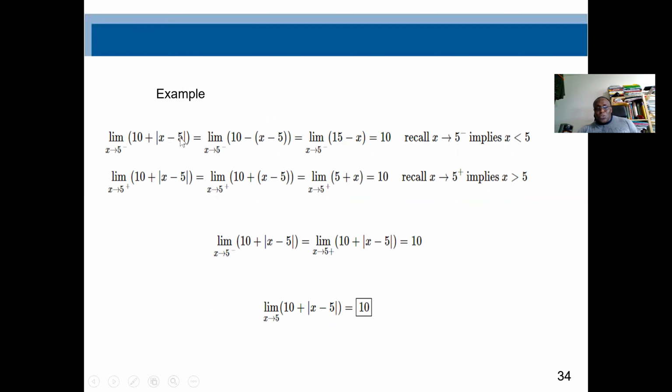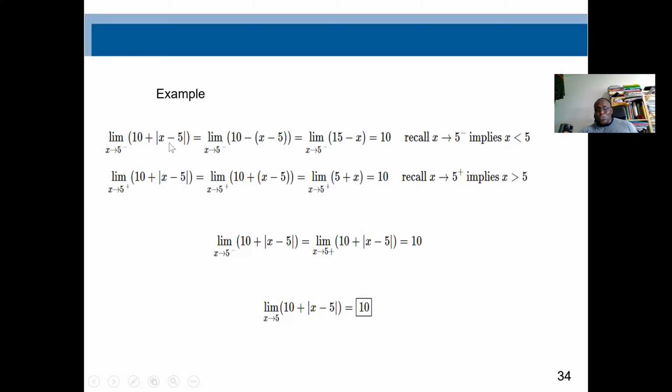We also have an absolute value function here. When we have an absolute value function, remember that whether it's positive or negative, the answer will always be positive. So first, we assume this is 10 minus (s minus 5). We solve the expression and we get 10. Then we use the positive one.